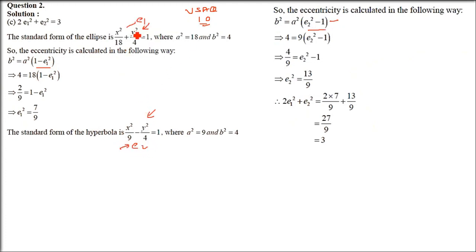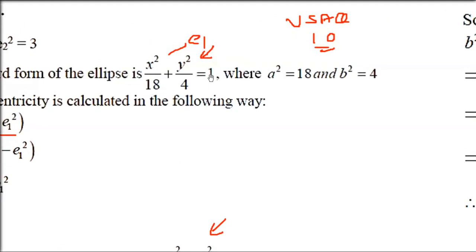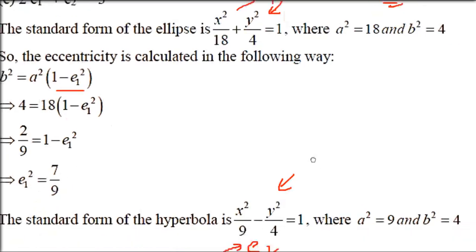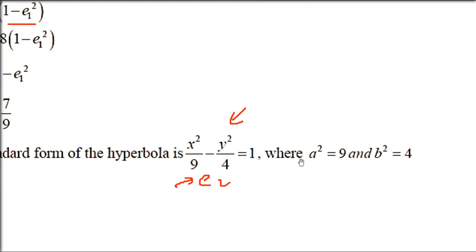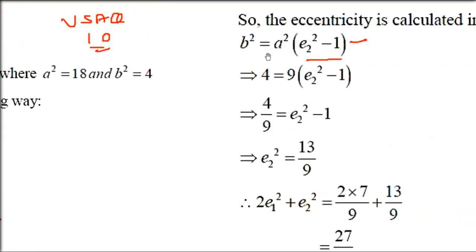Okay, let's go. You just compare it with x square by a square plus y square by b square equals 1. a square is 18 and b square is 4. So what do you get? b square equals a square times 1 minus e square. This is the formula you have to remember, because this is not the ellipse exercise, it is the hyperbola exercise. Similarly here you have a square 9, b square 4, so you can get e square.